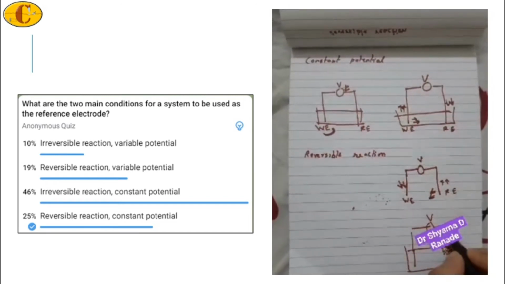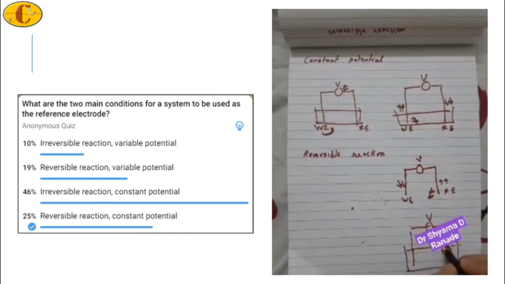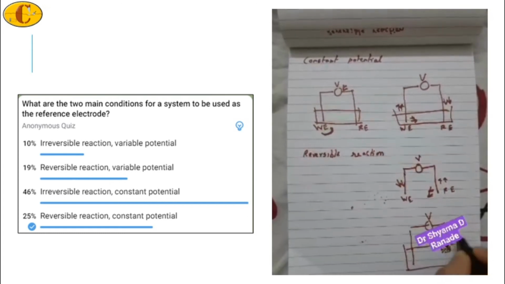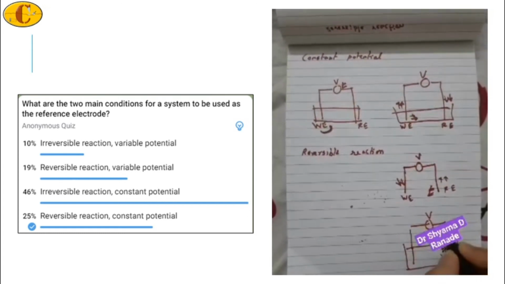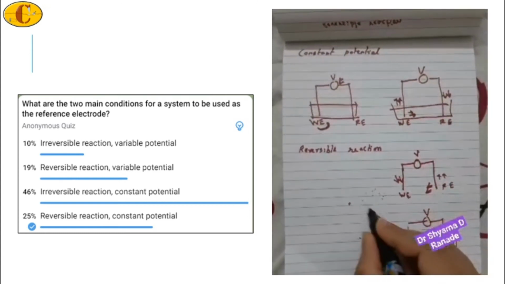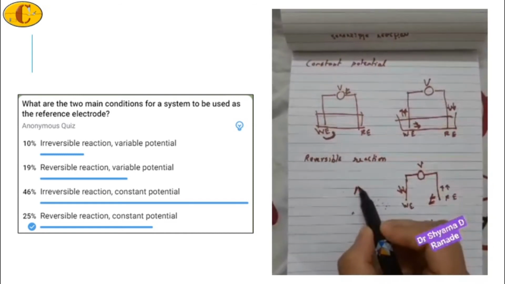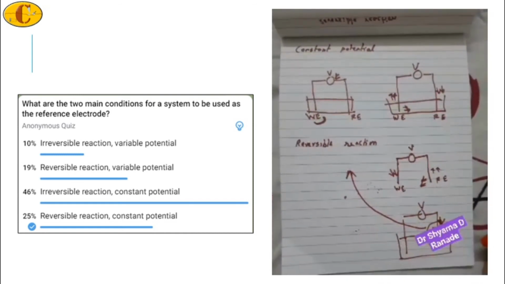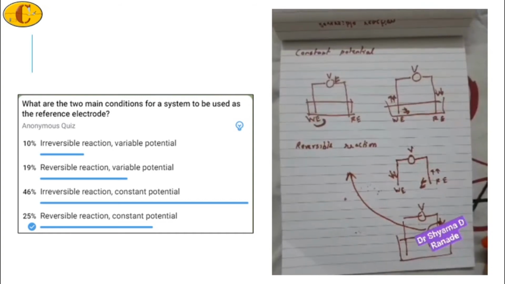If it accepts electrons, then inside the system it will reject electrons. So in this particular part, there will always be a reversible reaction. This will ensure that the potential of the electrode is constant.